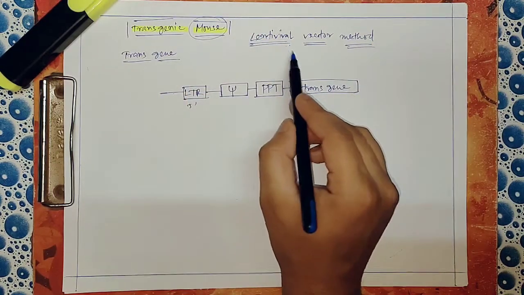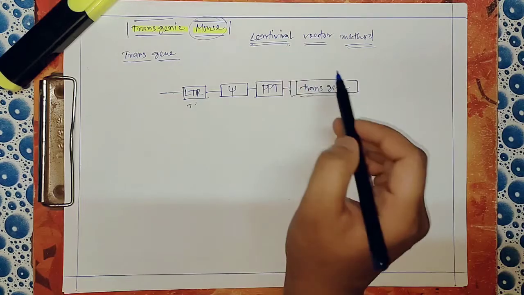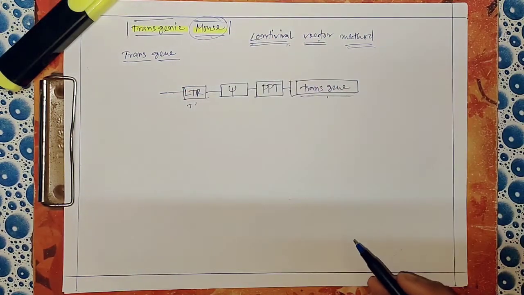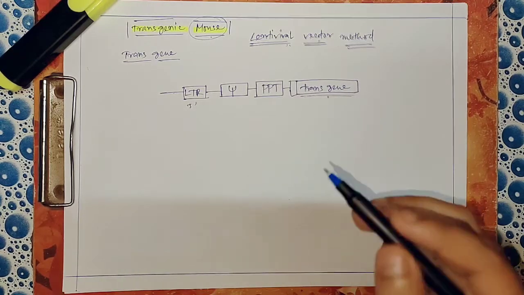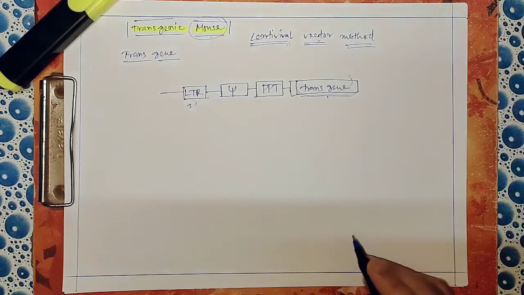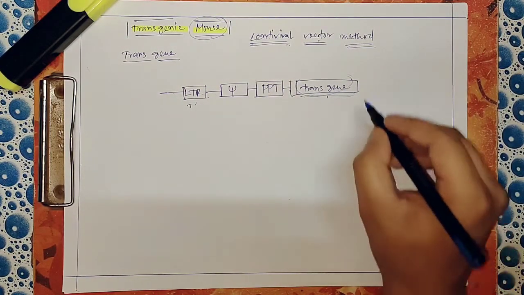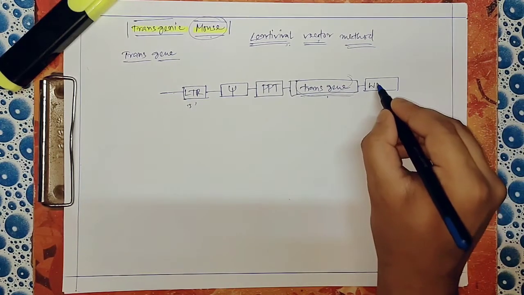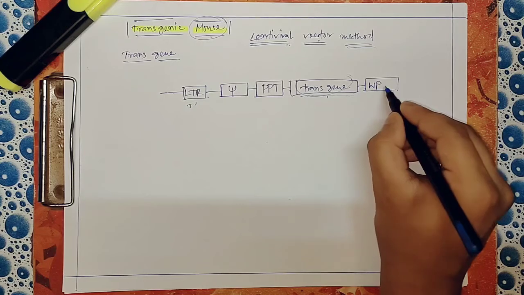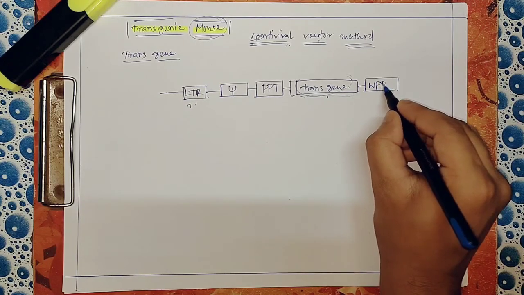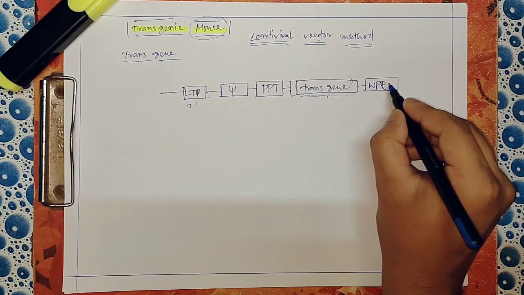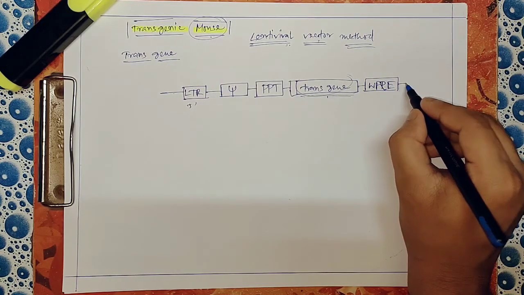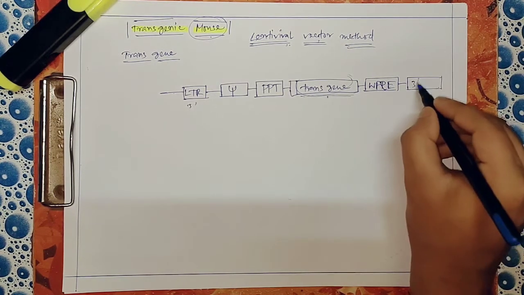So at first we will integrate this transgene into the lentiviral genome, then the virus will infect the mouse embryo, then it will express the transgene in the mouse phenotype. This is the overall concept. After that there is an important thing, the Woodchuck post-transcriptional regulatory element, WPRE, and a 3 prime LTR.